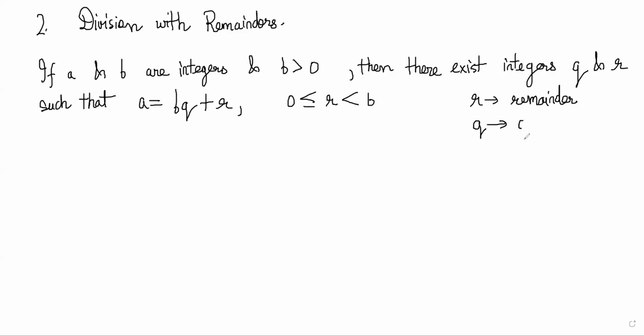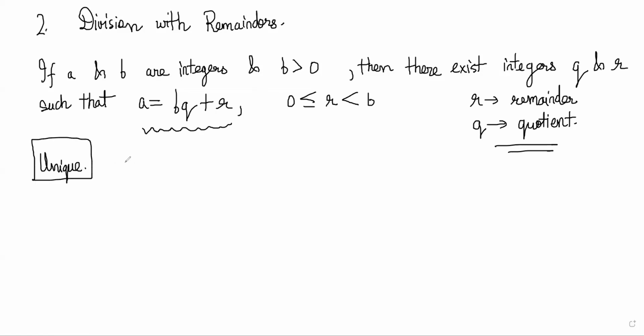Q is called the quotient upon dividing a by b, right? Now, this representation of a in terms of b and r is always unique. And we can prove the uniqueness of this representation.